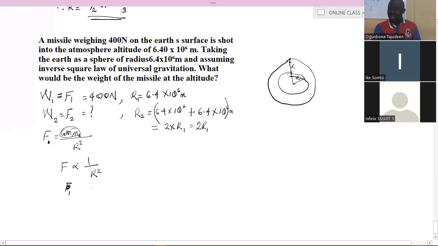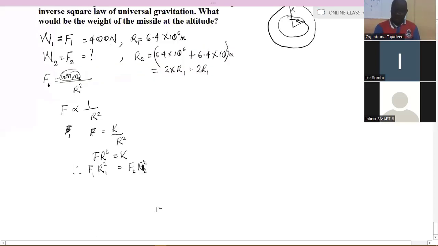Here F is equal to K, where K will now be equal to all these, GM1M2 over R squared. So we have F R squared equals K. This means that F1 R1 squared is equal to F2 R2 squared. So from there, we want to get our F2.